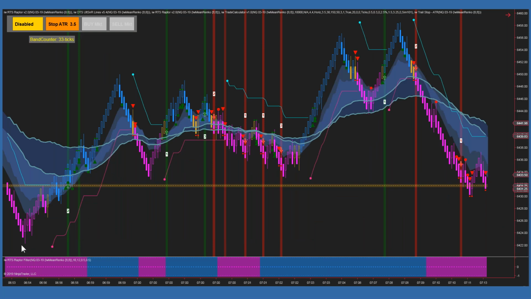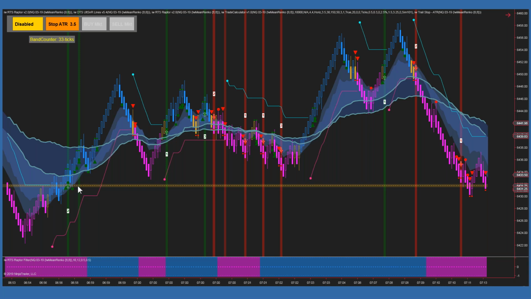The same move here on the NASDAQ is a move of 138 ticks or $690. So if you take a little bit of rounding into consideration, you can see that it's almost the same dollar amount.